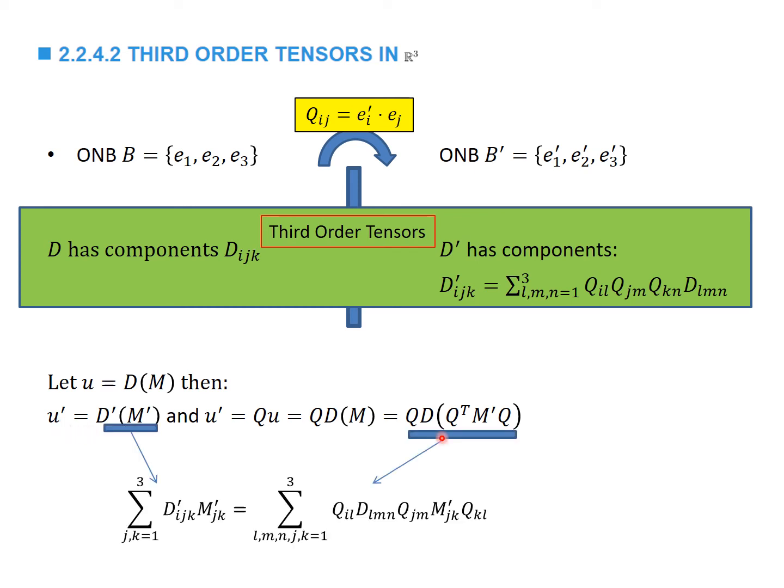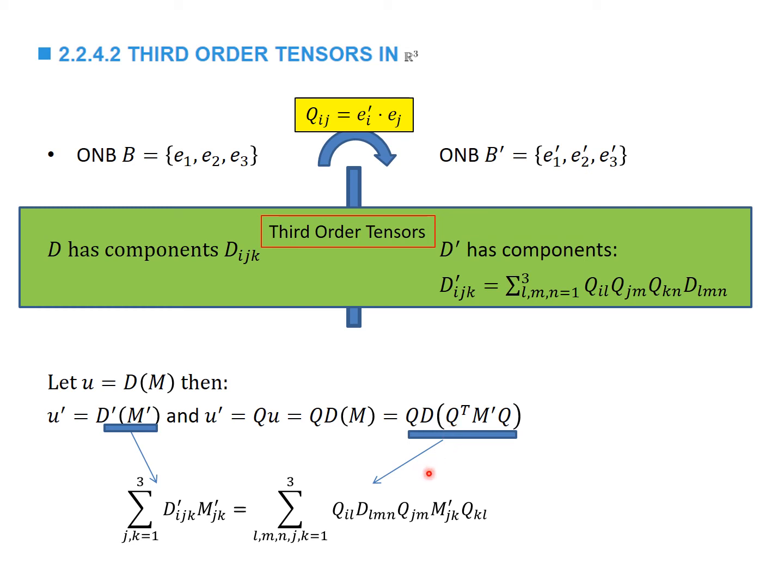If we take U prime from here and U prime from here, these two forms should be equal. If we write them in component form, this form is basically D prime applied to M prime, so D prime ijk applied to M prime jk, where we are summing over j, k equal 1 to 3.